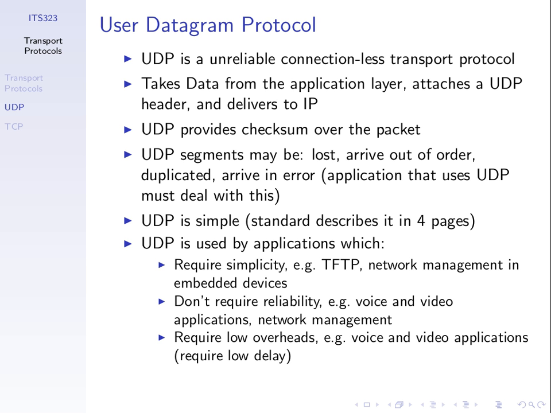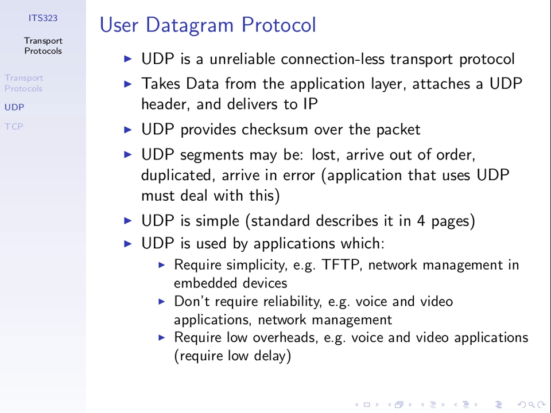The same as IP, UDP does not provide reliability. There's no retransmissions. If we send our UDP segment and something goes wrong in this subnet, it won't arrive at the destination. The source won't try and fix that. Okay? It doesn't provide reliability. As a result, segments may be lost.